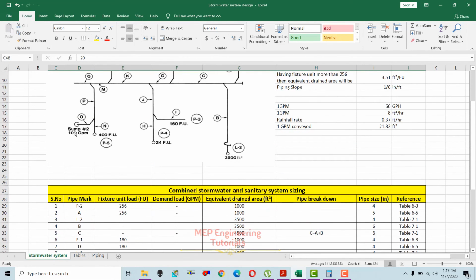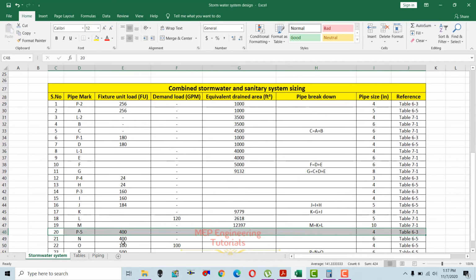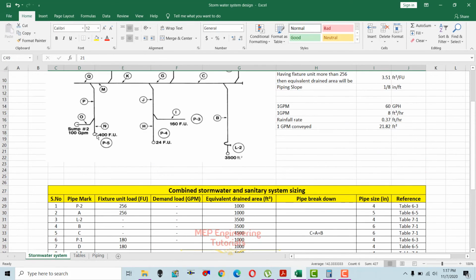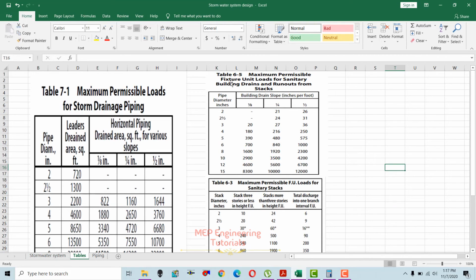Again we have the horizontal run from the stack, that is represented by N. So for the horizontal run out from the stack, we have to use table 6-5. You can see in here again the same fixture units from the stack. So 6-5 gives the maximum permissible fixture unit load for this one.